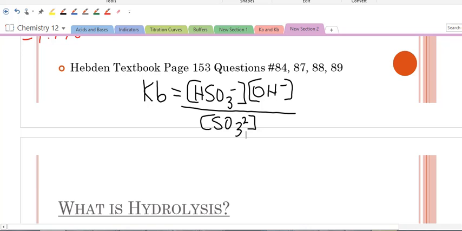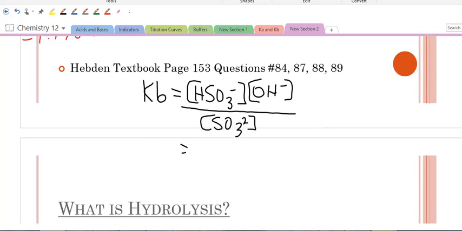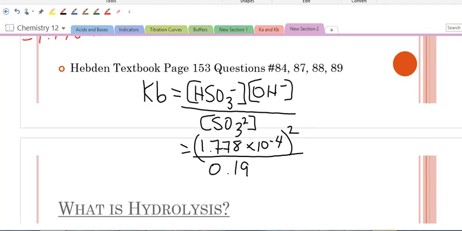And now we plug in our values. 1.778 times 10 to the negative 4 squared divided by 0.1998, and Kb is equal to 1.58 times 10 to the negative 7.